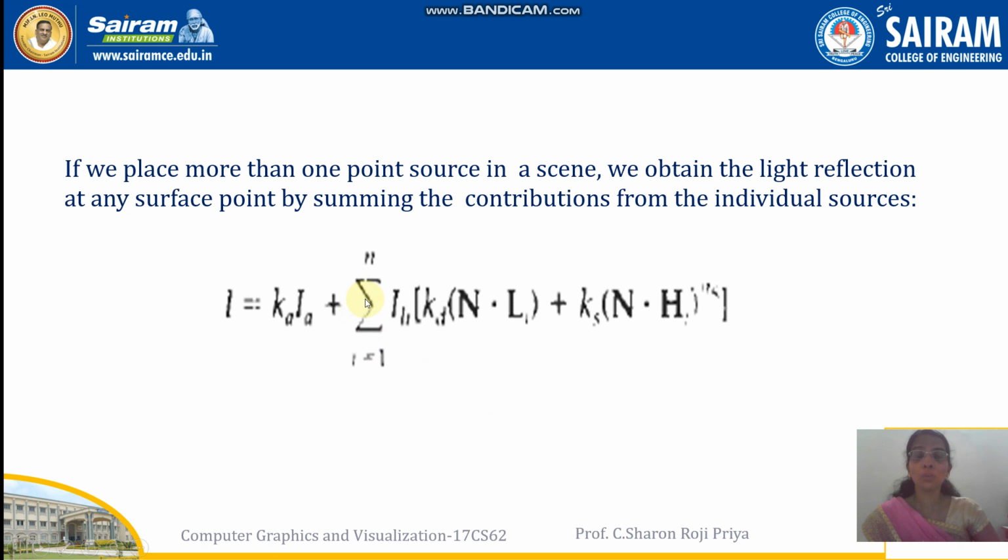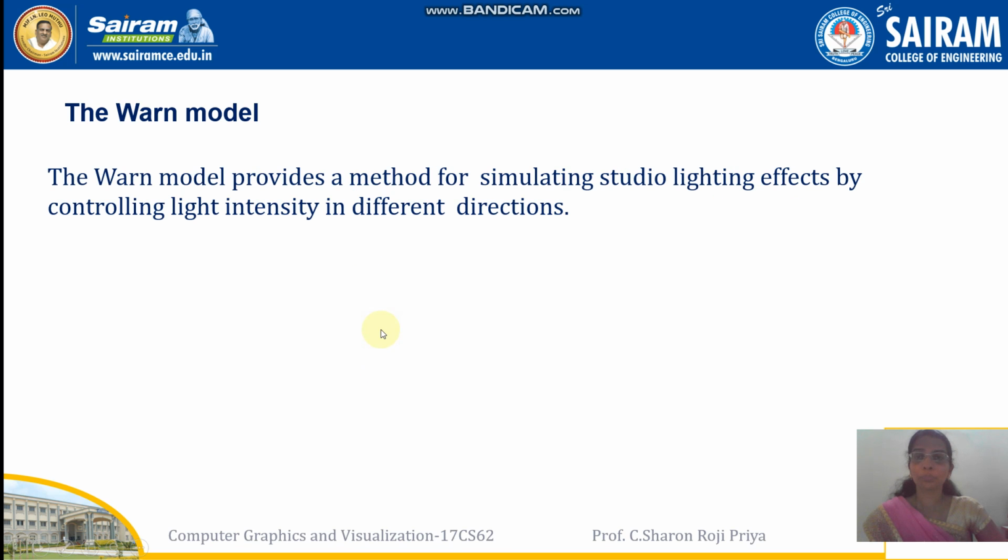Now this equation is for a single light source. If I want n number of light sources, I have to sum over all the light sources, and this sigma is for summing all the light sources.